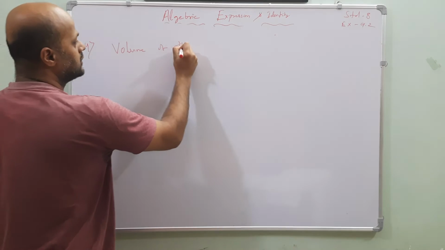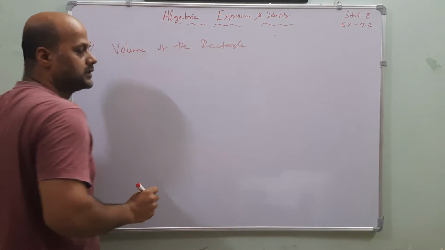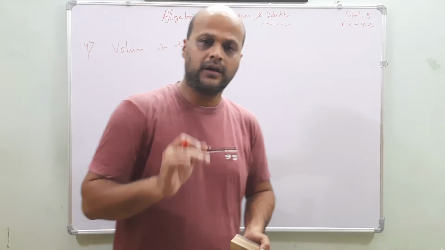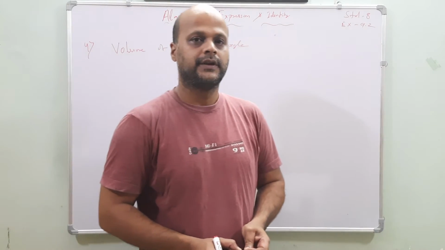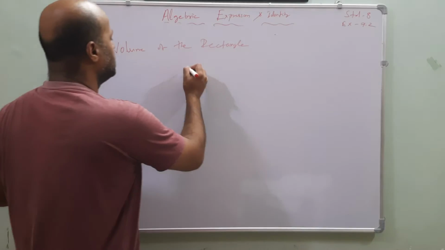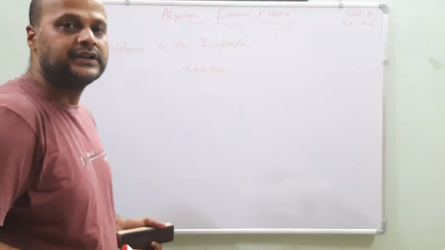How will you find the volume of the rectangle? Yes, you have to multiply everything. You have to multiply the three sides, that is A into B into C.